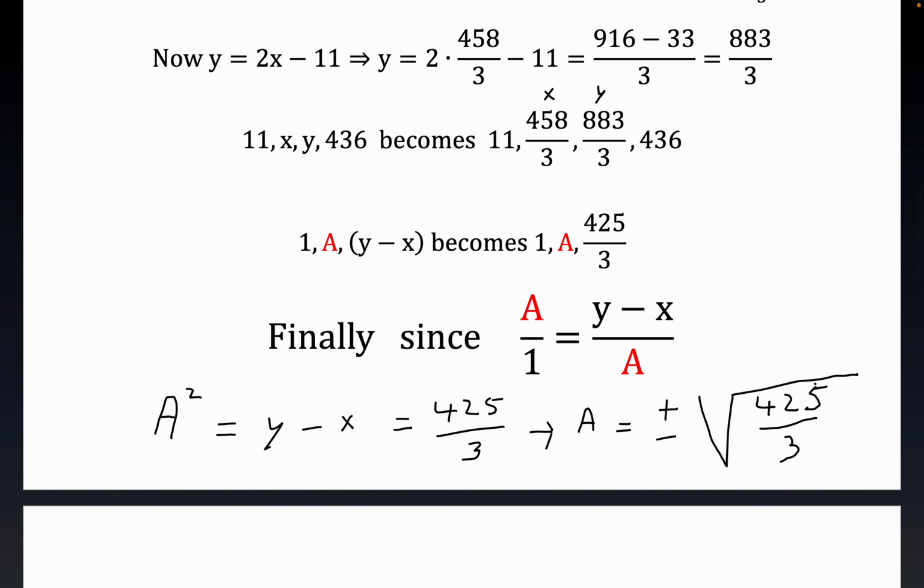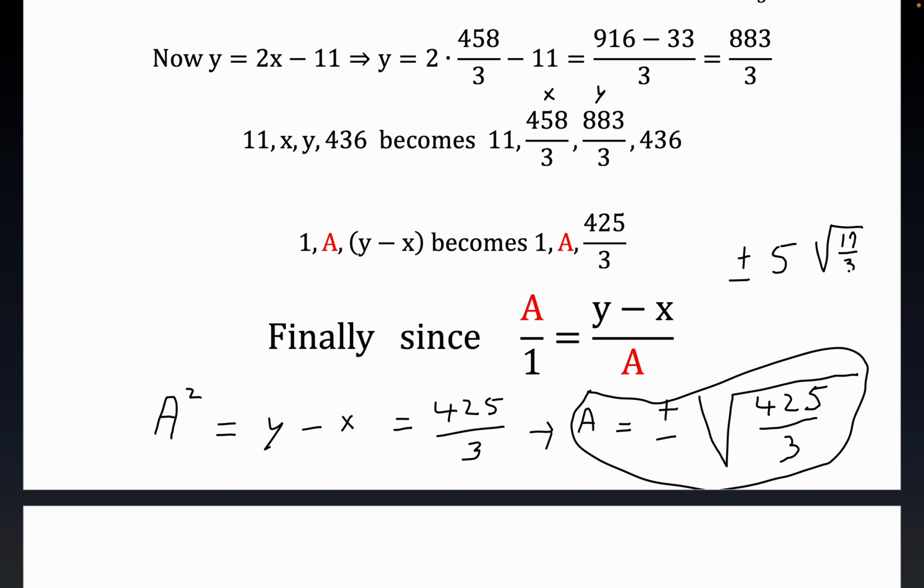Now, so that's the answer. Now, let's see. What can I do here? Again, we could simplify this because 25 goes into this, what, 17 times? So you could actually write this as plus or minus 5 times the square root of 17 over 3, I suppose, if you want to do that.